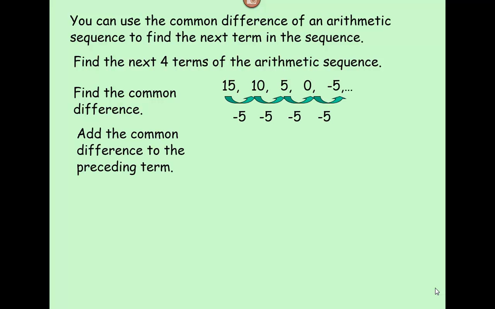The pattern is to subtract 5, or a negative 5 is being added to it each time. And so we will go ahead and continue that pattern. If we continue that pattern, you'll see that negative 5 minus 5 is negative 10, plus a negative 5 again is negative 15, plus a negative 5 is negative 20, and finally a negative 25.